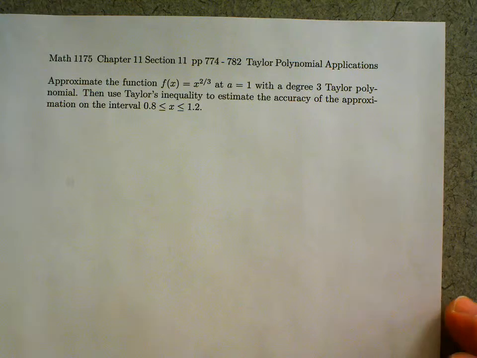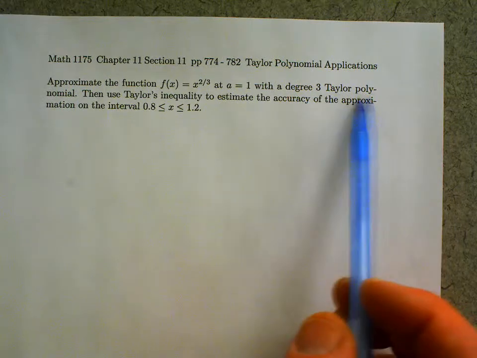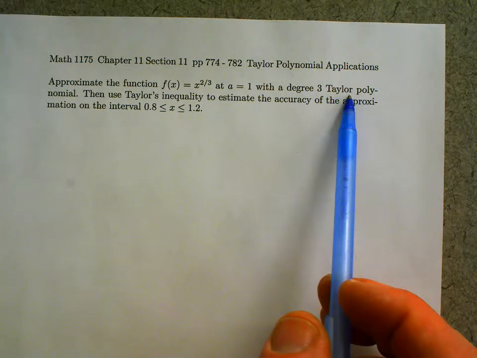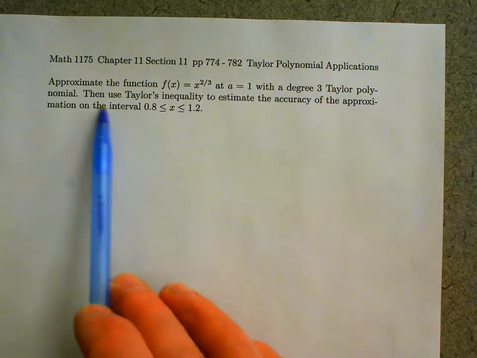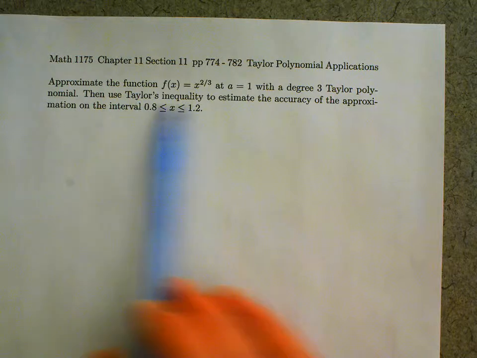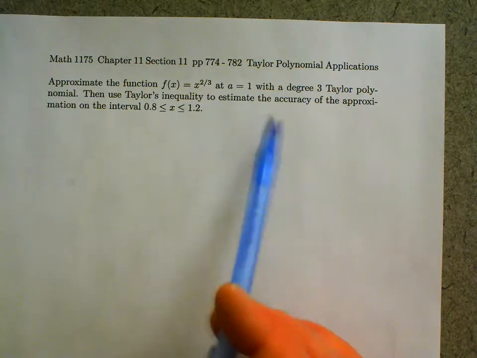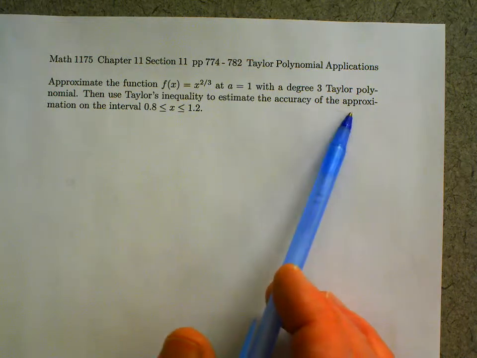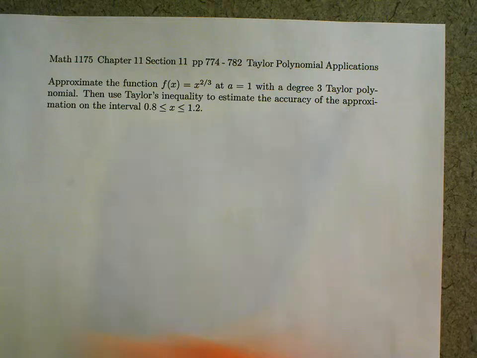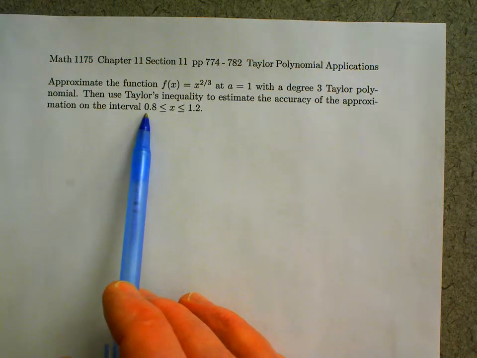Approximate the function f of x equals x to the 2/3 at a equals 1 with a degree 3 Taylor polynomial. And then after we find the degree 3 Taylor polynomial, we'll use Taylor's inequality to estimate the accuracy of that approximation on the interval.